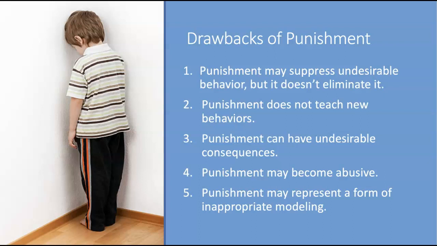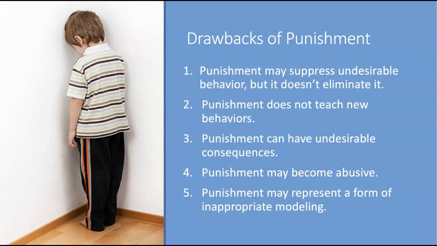And if you internalize those types of emotions, you see an increase in rates of depression and anxiety. So simply eliminating that negative behavior is not teaching them a new way to deal with those difficult emotions. So it's important to consider, okay, yes, maybe I can use punishment to remove this behavior, but how am I going to teach a replacement for this behavior?